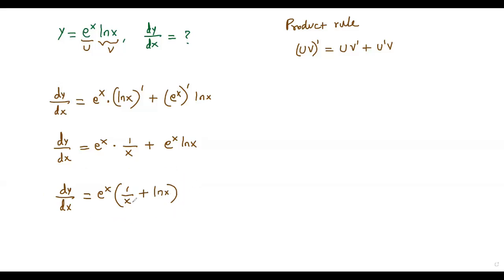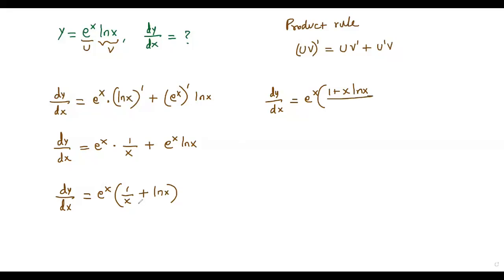How can we add ln x and 1 over x? Consider it as adding an integer and a fraction. Whenever we add a fraction and an integer, the integer part has to be multiplied by the denominator. When I multiply ln x by the denominator x, I get x times ln x.